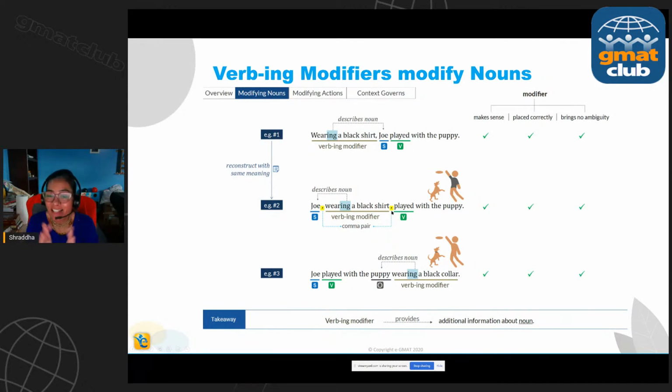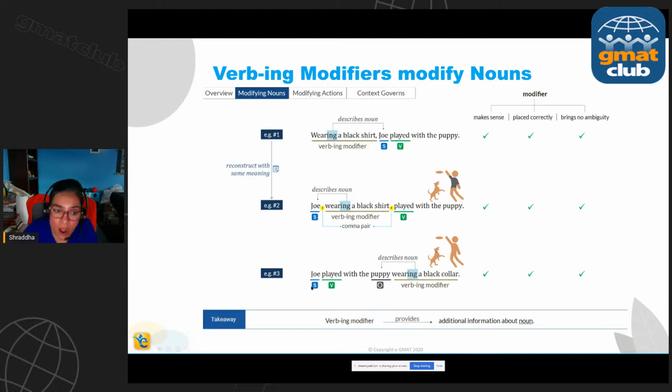But if we decide to put this modifier between two commas, then the presence of both the commas must be there. Now, once again, because it is placed right after Joe, there is no doubt that wearing a black shirt is again talking about Joe. It is placed correctly because it is placed next to Joe, and there is no ambiguity whatsoever.